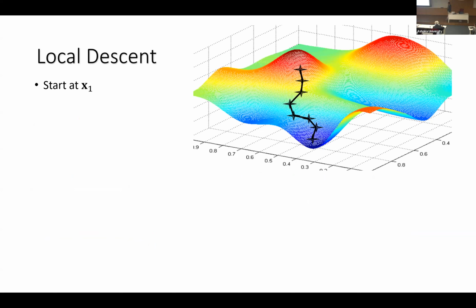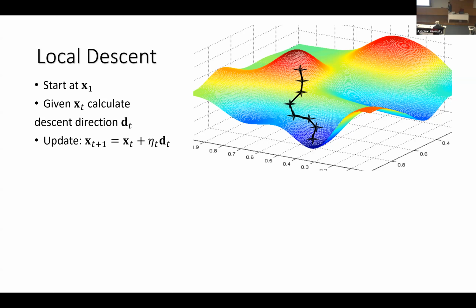We start at some x, and at the tth iteration, given xt, you calculate dt, which is the direction in which you want to move. In gradient descent, there's a particular direction, but you could calculate any direction in which you want to move. And then you update: xt plus eta t times that direction.